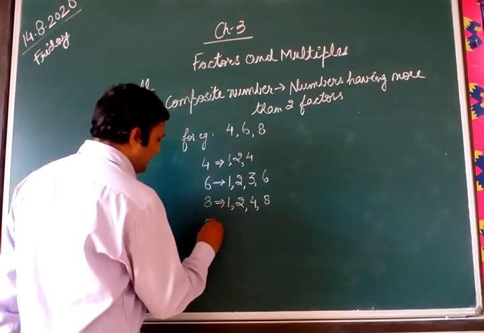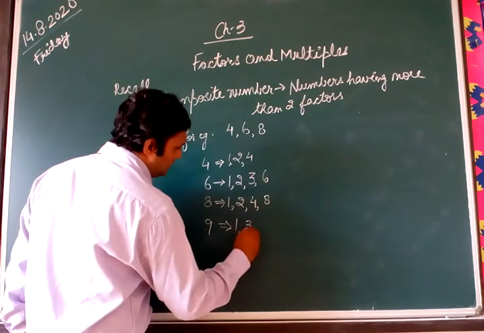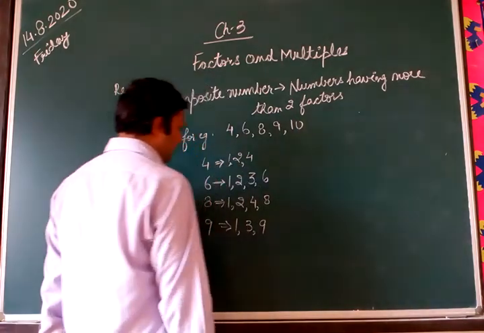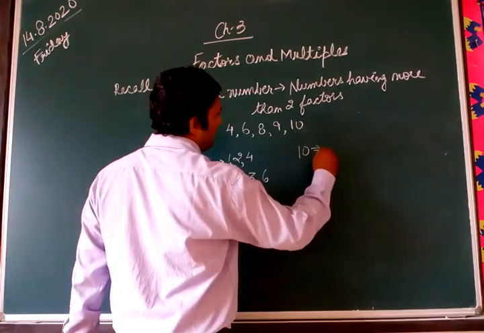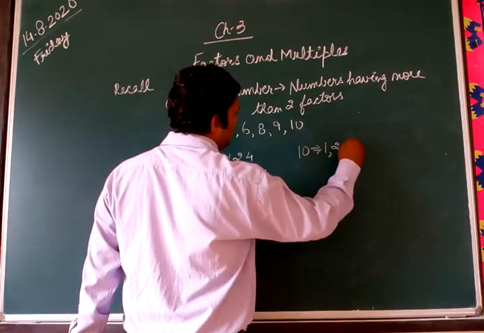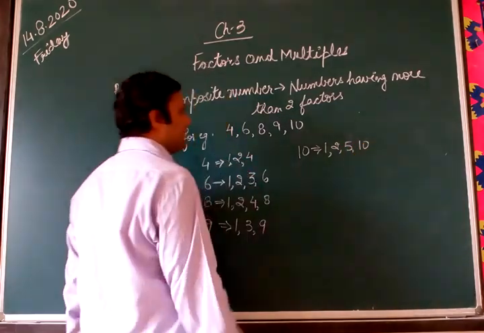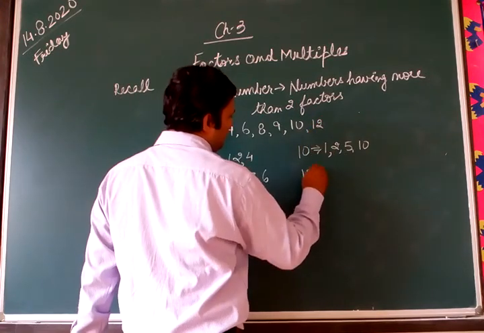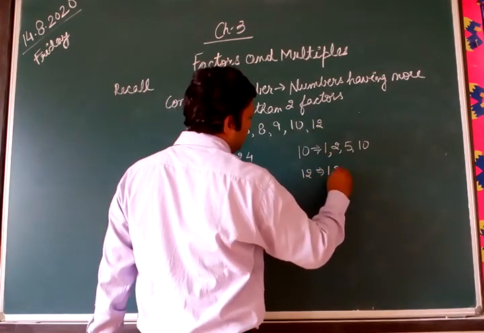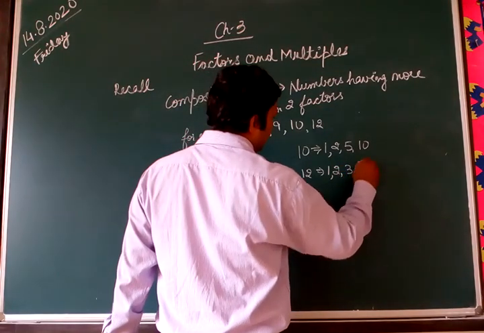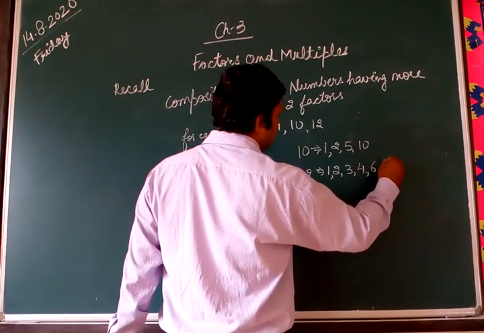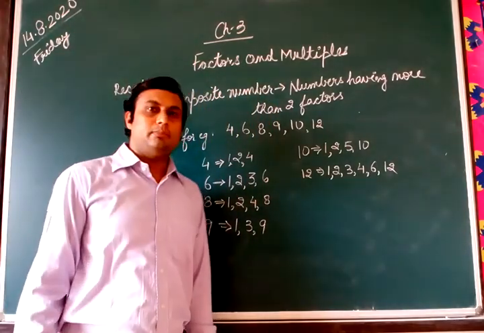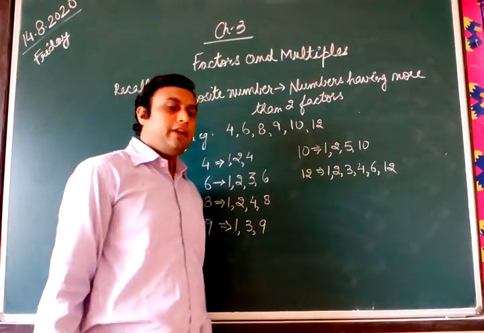For 9: 1, 3, 9. The factors of 10 are 1, 2, 5, 10. For 12: 1, 2, 3, 4, 6, 12. So these are all composite numbers, which have more than two factors.